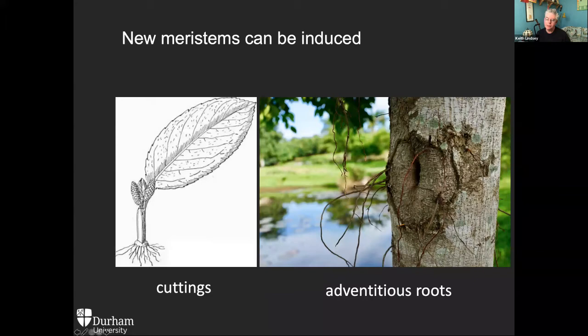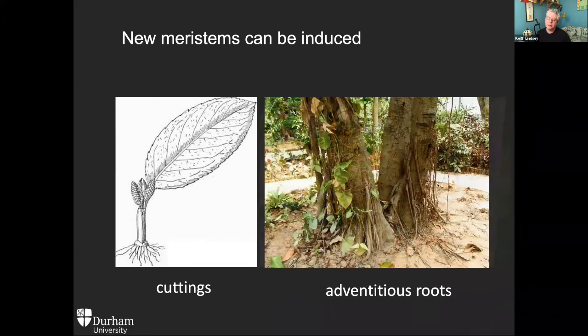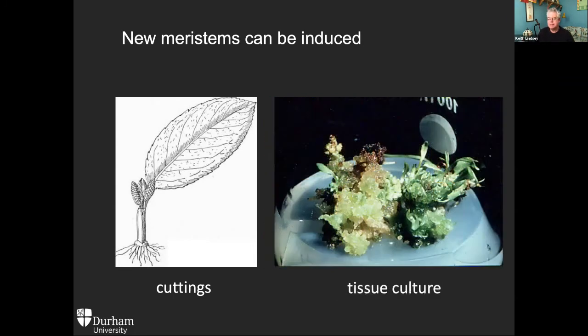induced at a site of wounding on this particular stem of this particular plant. Here are other examples of adventitious roots formed in the wrong place, if you like. They're not produced underground, but these are produced off the stems of this particular tree. And experimentally, you can investigate this plasticity by tissue culture experiments, where you can take a bit of leaf tissue and you can culture it.